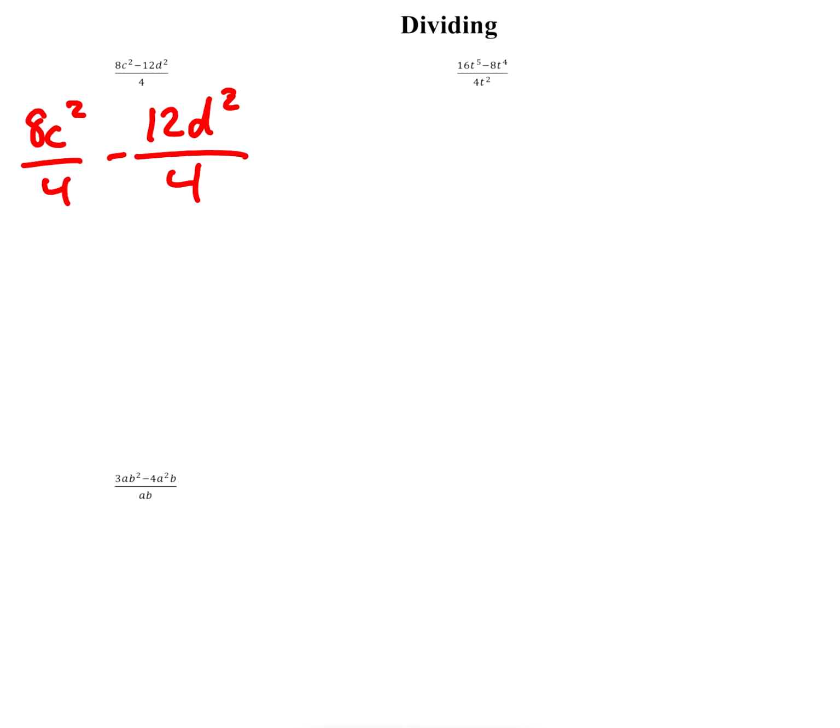So from here, now I can simplify. I see the 4 and the 8 cancel to 1 and 2, and the 4 and the 12 also cancel to 1 and 3. So my simplified answer would be 2c squared minus 3d squared.